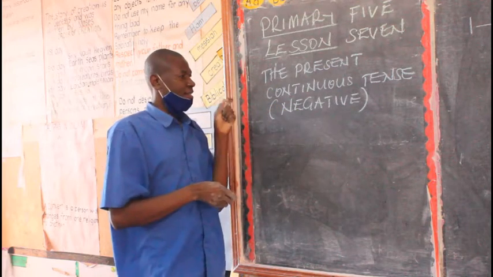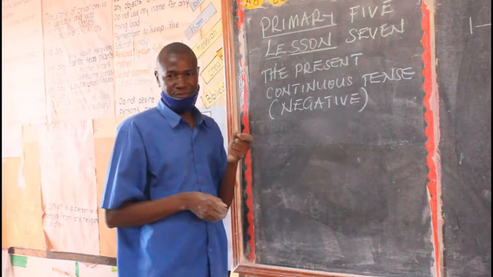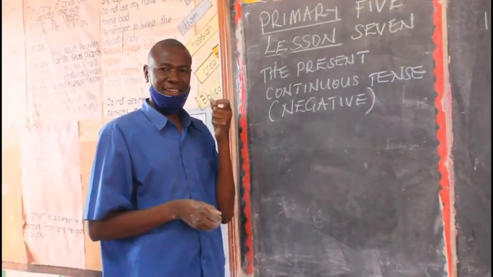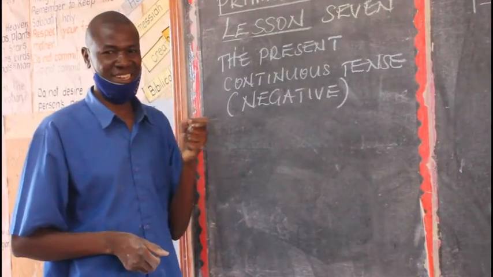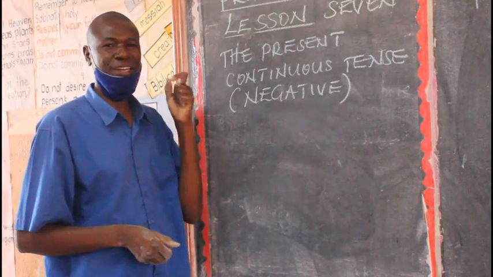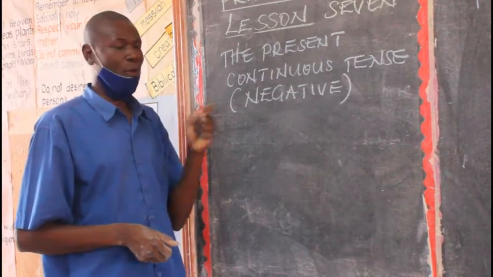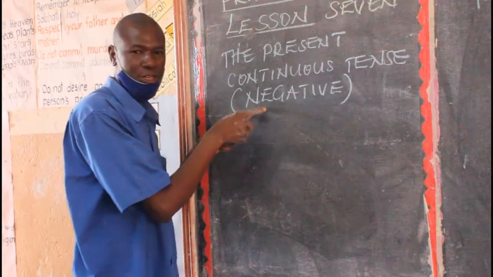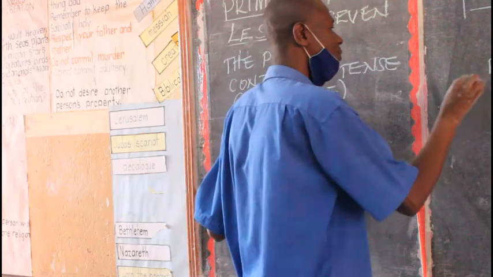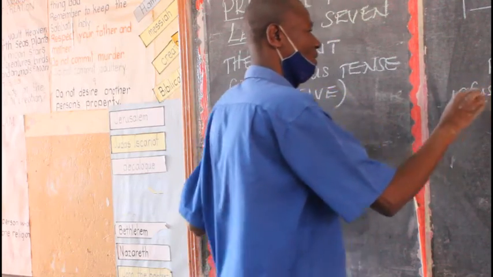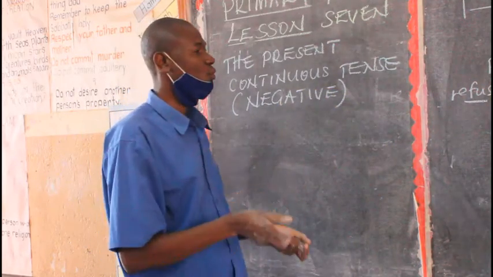Remember, a sentence is negative when it expresses a disagreement with the idea of the word not. When it expresses a disagreement or refusal, refusal comes from the verb refuse. Once I ask you, do you want this?